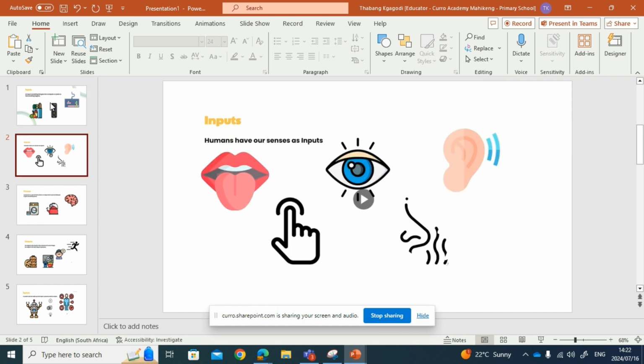An example of inputs in our human body is that humans have senses as inputs, and these senses are our tongue to taste, our eyes to see, our hands to touch or feel something, our nose to smell, and our ears to hear. So those five senses are inputs that we use as human beings.